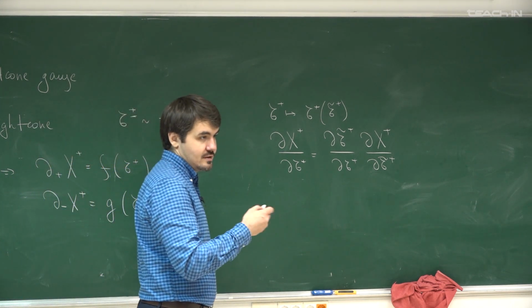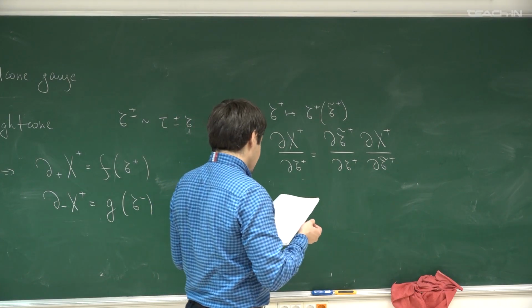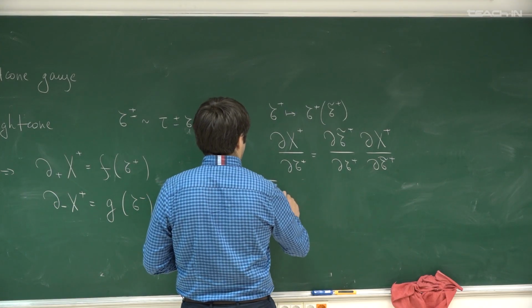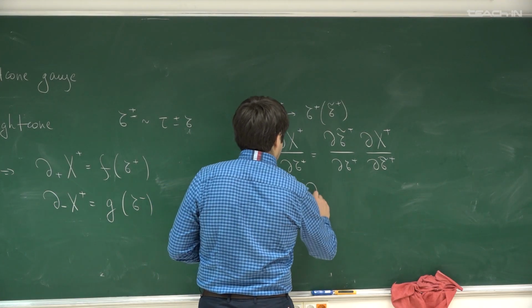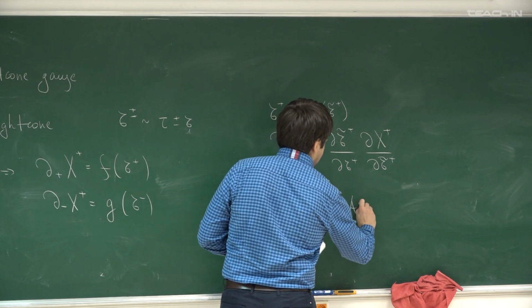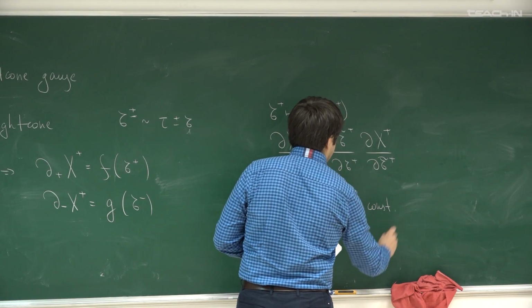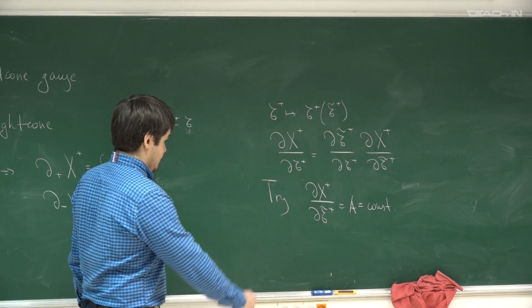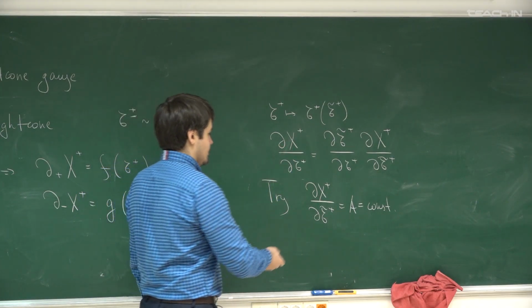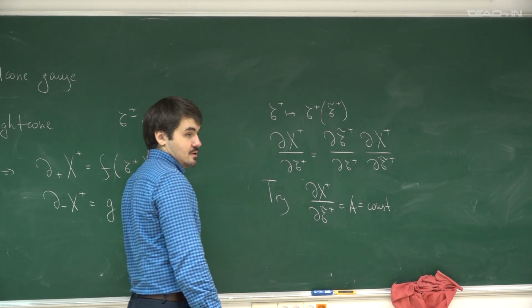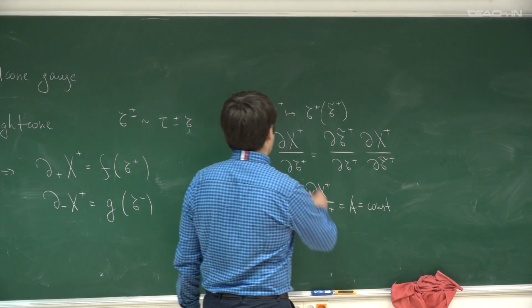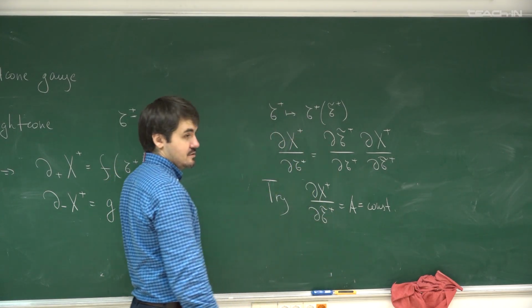Ideally, we want to set it to a constant by this transformation. So dx plus over d sigma plus is whatever it is, and we want to set dx plus over d sigma tilde plus to be a constant. So basically, we want to choose our x plus as the new sigma tilde plus.